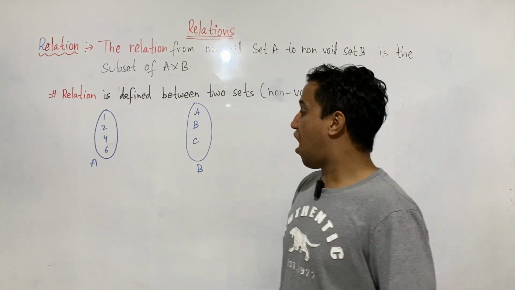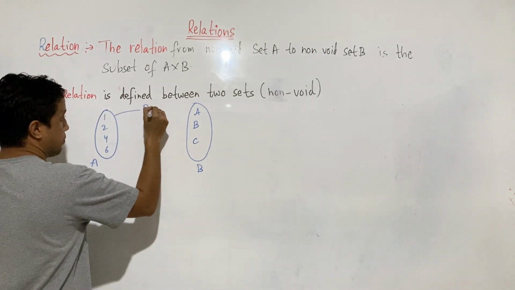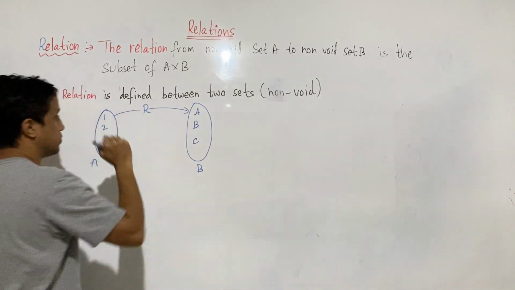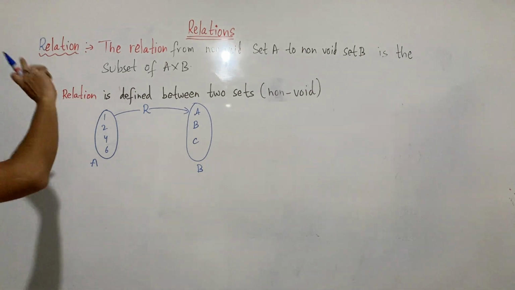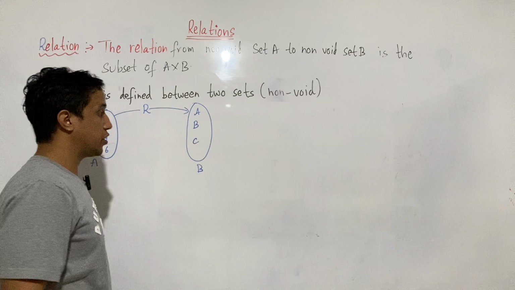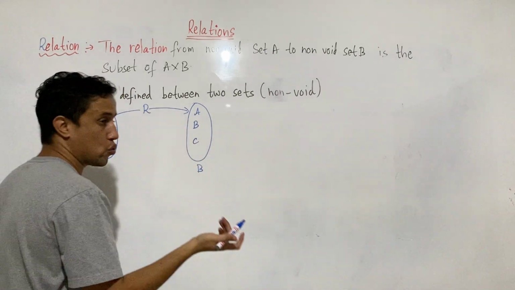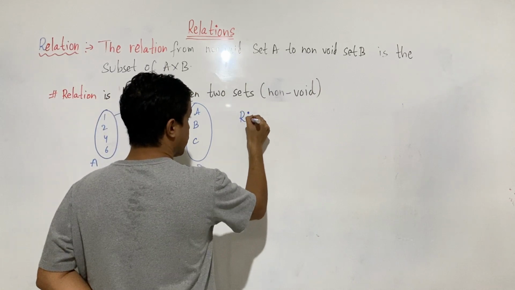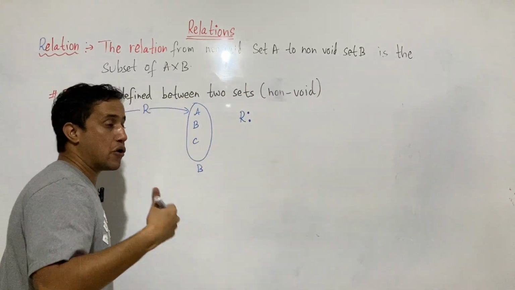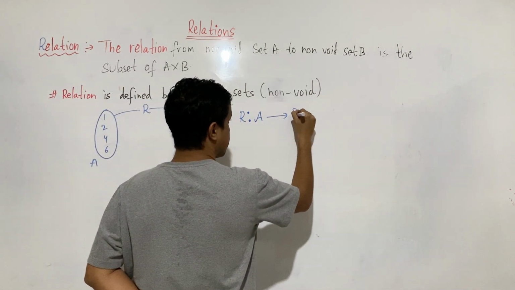Let's say that R is the relation from set A to set B. So if R is the relation from set A to set B, how do we write it? See here. R is the relation, and it is the relation from set A to set B.